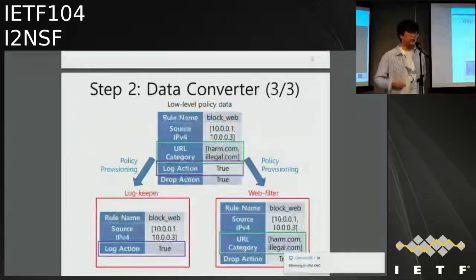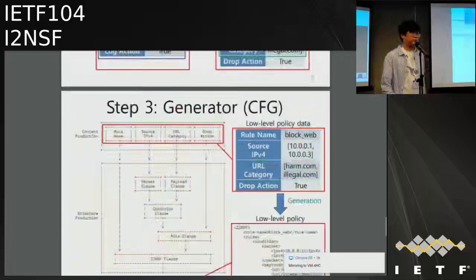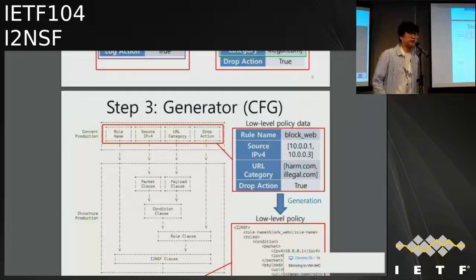When the policy data has some unique capability, we can select the appropriate NSF automatically. Then, after selecting the proper NSF, we construct the low-level policy by using CFG, which is one of the automata theories.